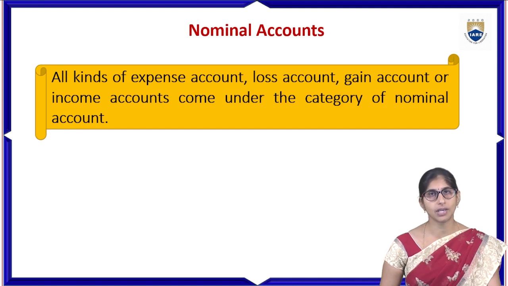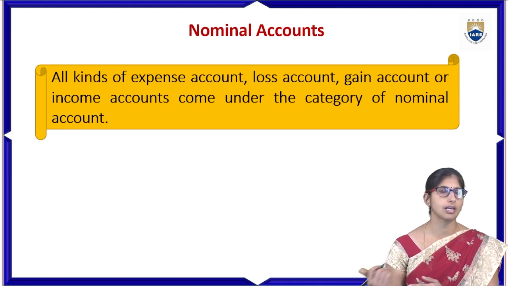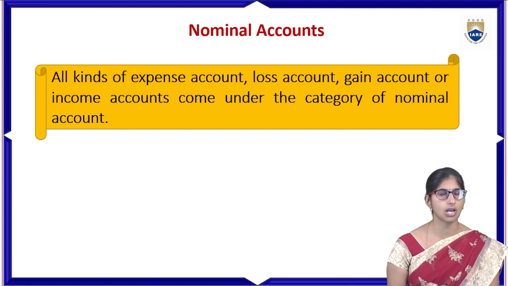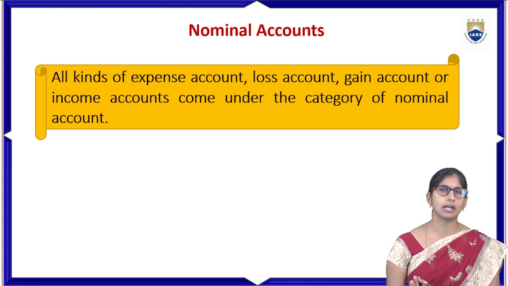It deals with stationery expenses, telephone bill expenses, electricity bill expenses, water bill expenses, and the income we receive from commission. How much rent we have received, how much interest we have to pay. All these are nominal account items.